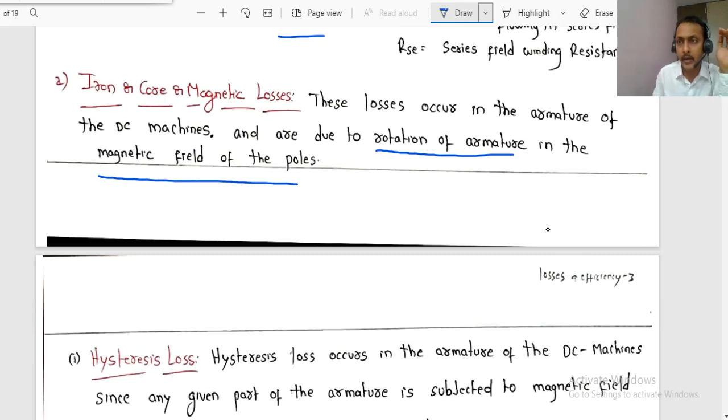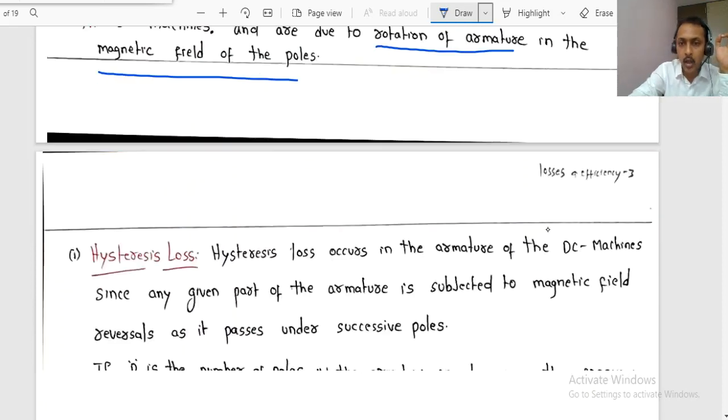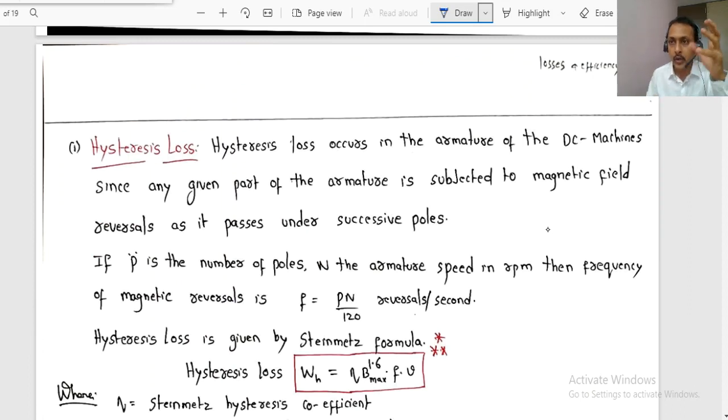Because of the field winding and excitation given to it, we get the magnetic field, and as the armature conductors rotate in this field, there will be some amount of losses. The armature rotates with some speed N rpm, and the conductors placed in the slots will be subjected to magnetic field reversal because of the rotation of the armature.